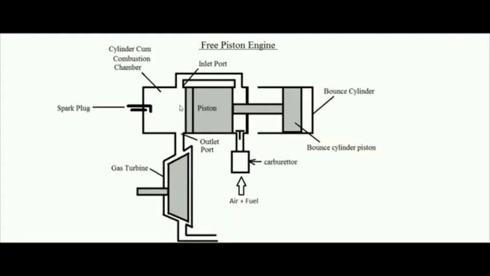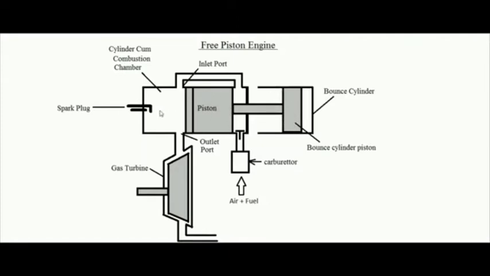Now this is the piston of the two-stroke engine, and we know that in a two-stroke engine there are ports. So this is the inlet port of the two-stroke engine, this is the exhaust port, and there is a spark plug, you can see. The connecting rod of this piston is connected to the piston of this bounce cylinder.